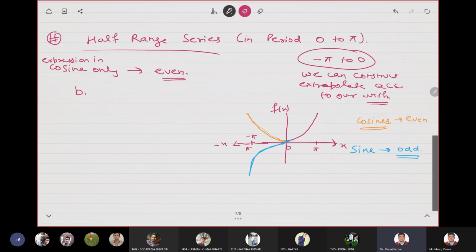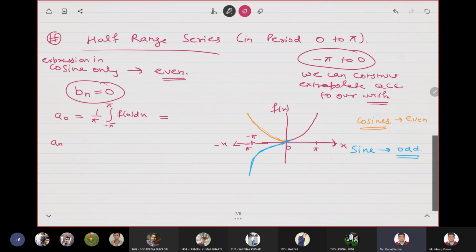Okay, and if the function is even, then directly you can say bn will be 0, and we have to calculate a0 and an, which will be quite simple to calculate with this formula. a0 is 1 over pi times the integral from minus pi to pi of f(x) dx. And if this function is even, I can take twice the integral in the limits 0 to pi.